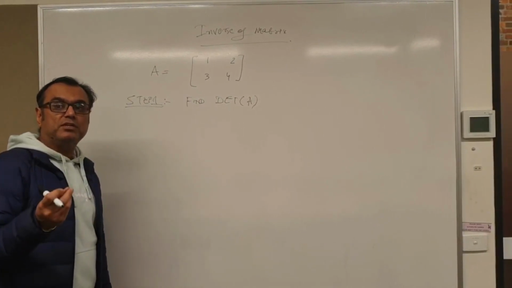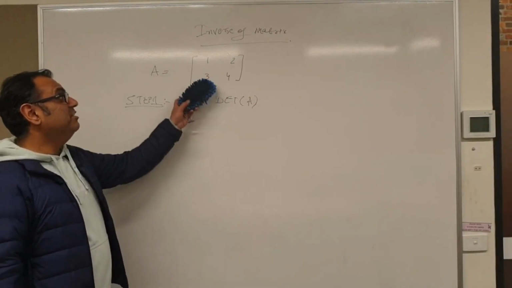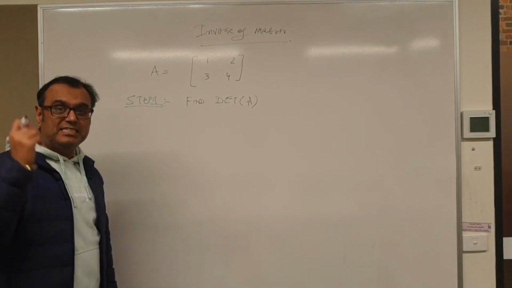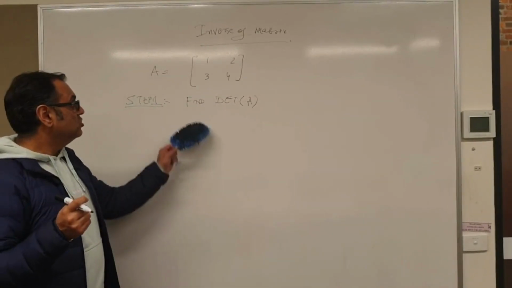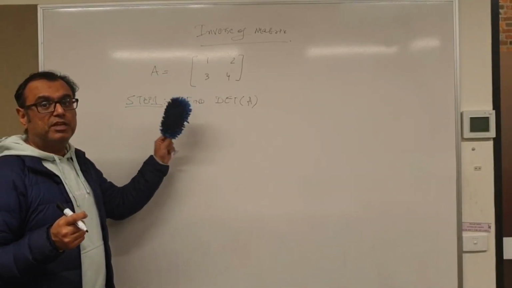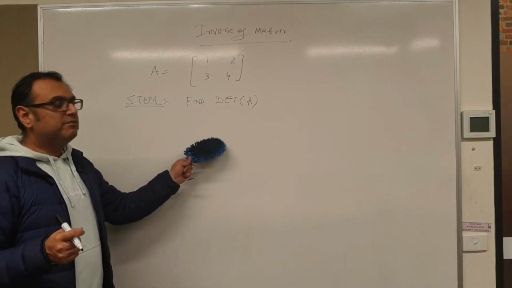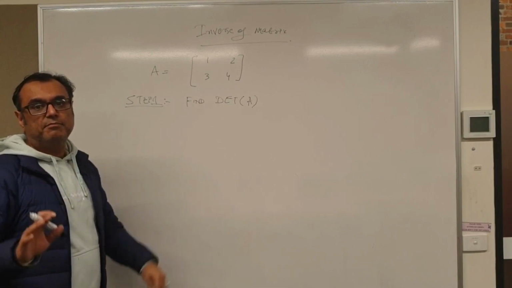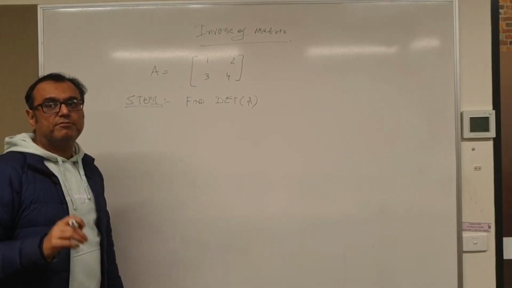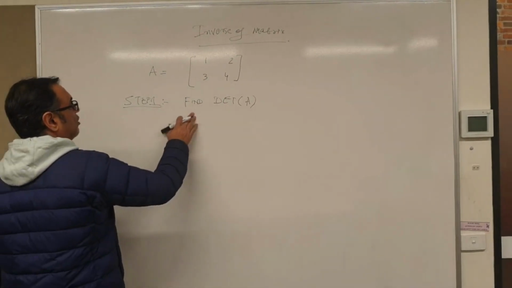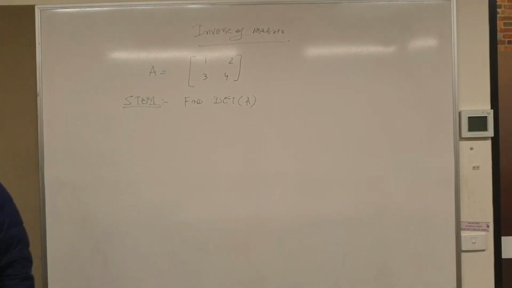It determines whether or not the inverse of a matrix will actually exist. This step defines whether you go any further or stop here. If it's not defined, you simply say the matrix inverse is not defined.